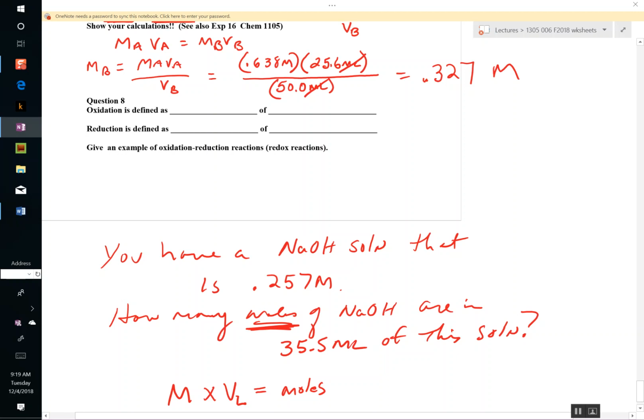Okay, now let me show you real quickly. The equation is Q, or later on we'll talk about delta H, but just the amount of heat involved here is the mass times the specific heat times the change in temperature.